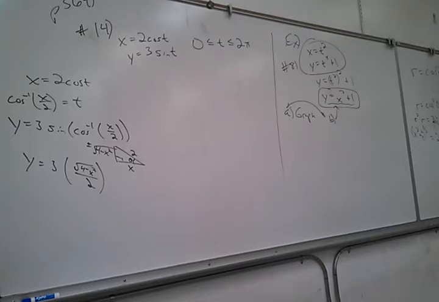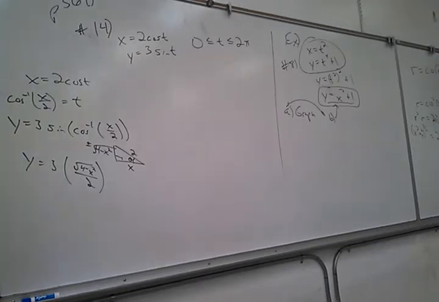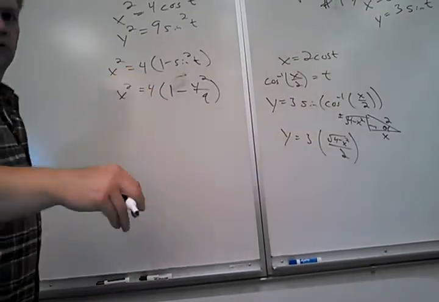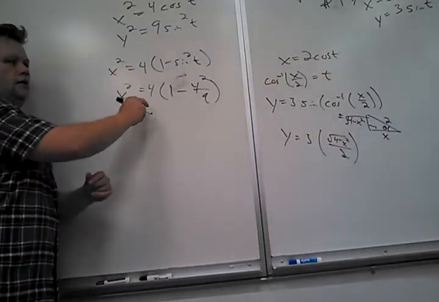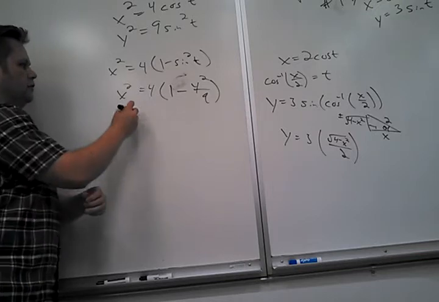Are you guys cool with that? If I just solve this for sine squared, I get y squared over 9. Of course, future you can't see that. And now I can simplify this however much I want to.